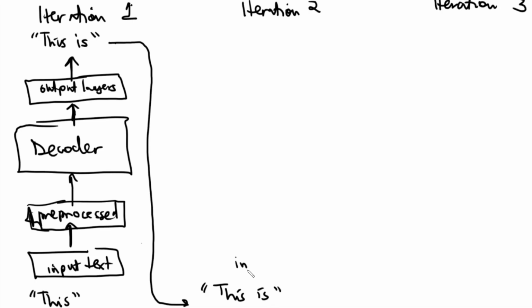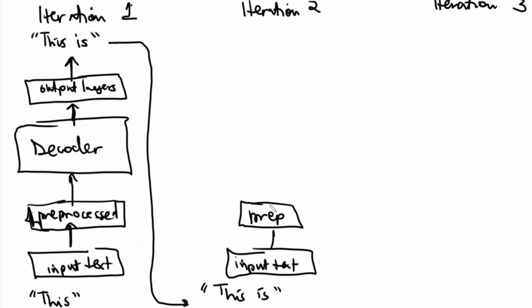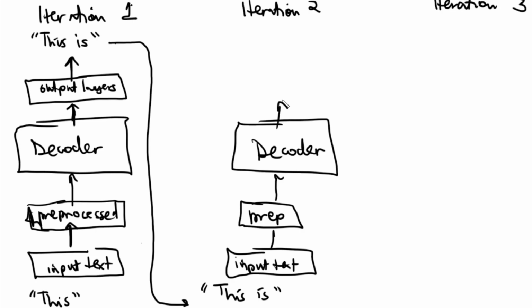This becomes the input text in this iteration, gets pre-processed, gets into the decoder block, then the output layer, and it then predicts the next word as "n".